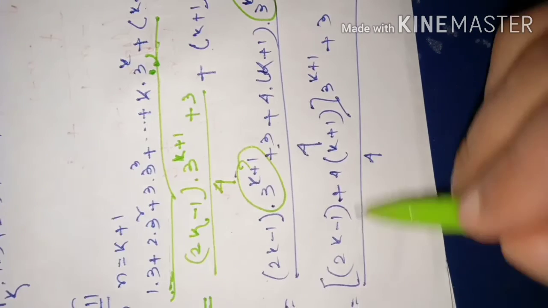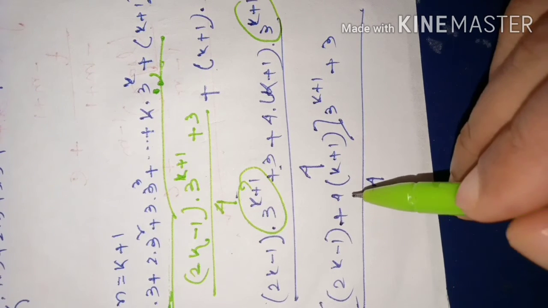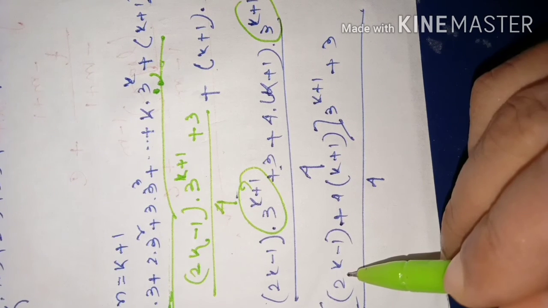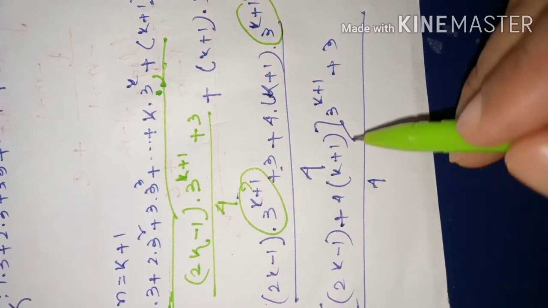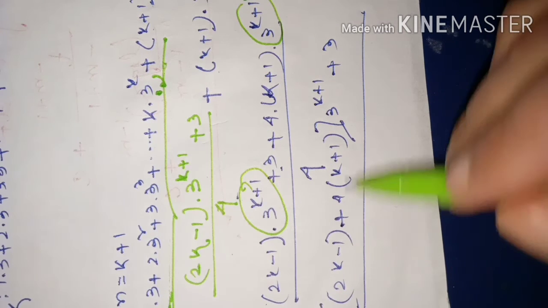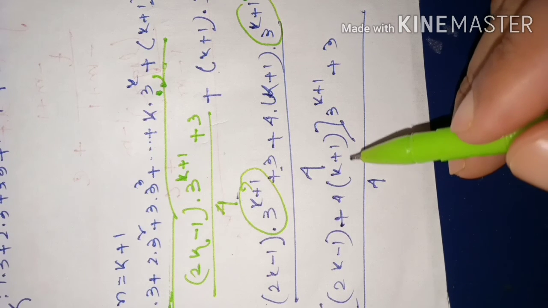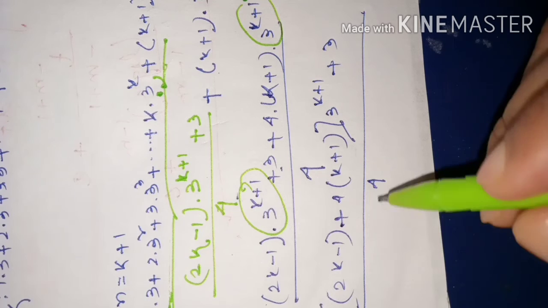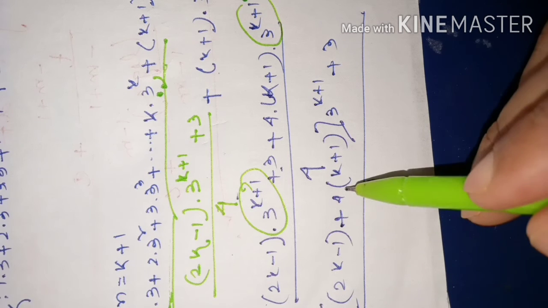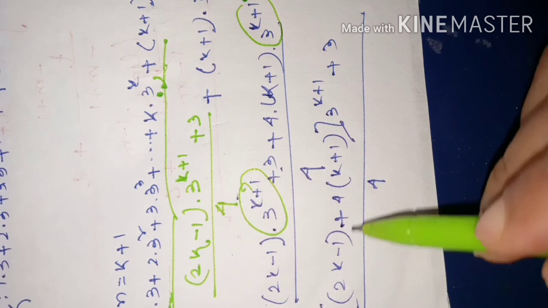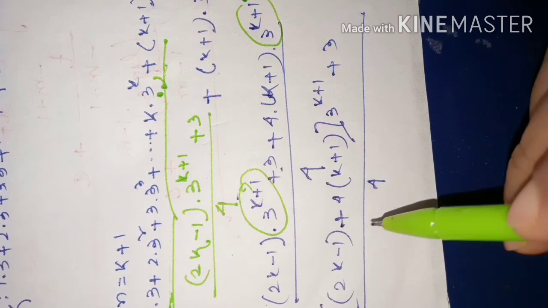Now we'll simplify inside. If we simplify, what we will get here? 4k plus 2k, 6k, minus 1 plus 4 plus 3, so it will be 6k plus 3.